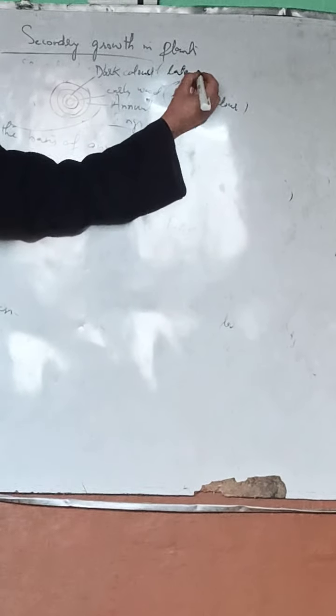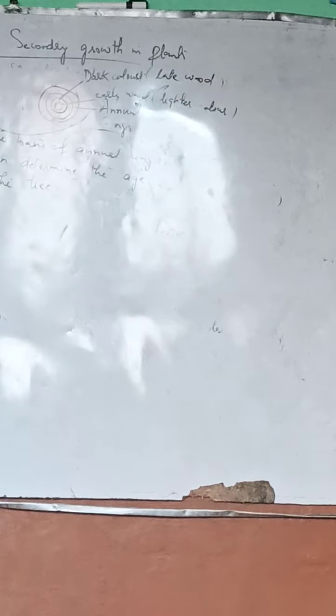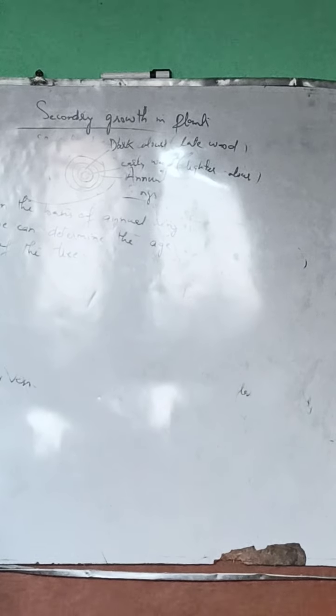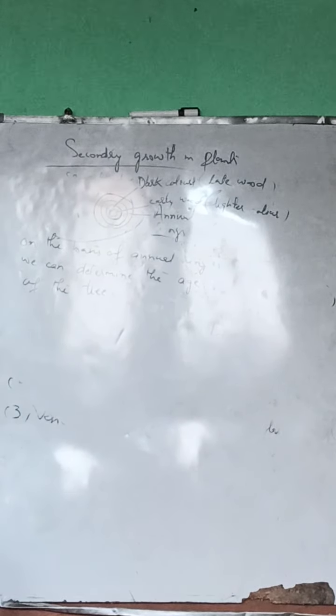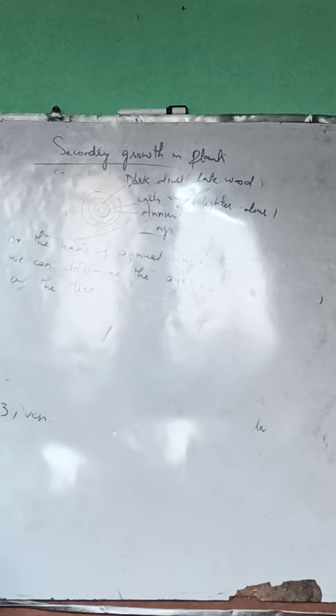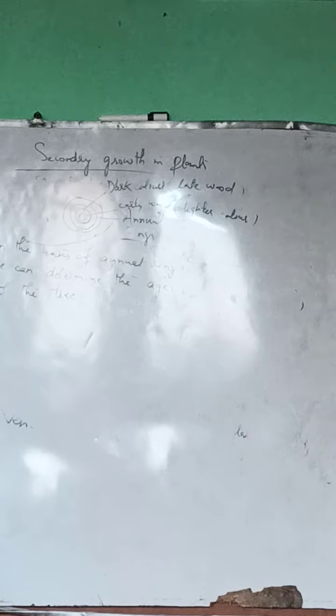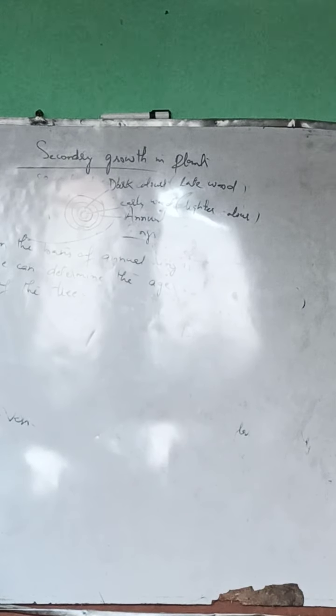So early wood is low density and lighter in color. Late wood is high density and darker in color. So on the basis of annual rings, we can determine the age of the plant.